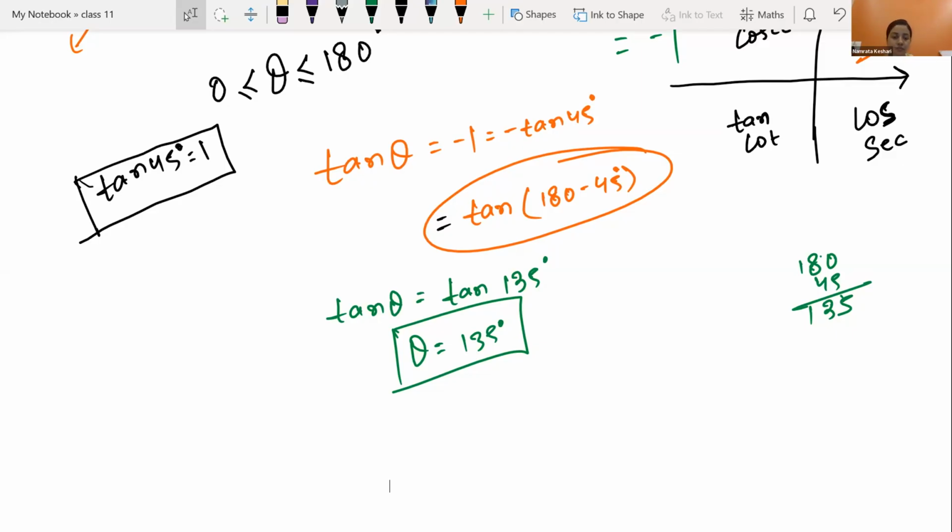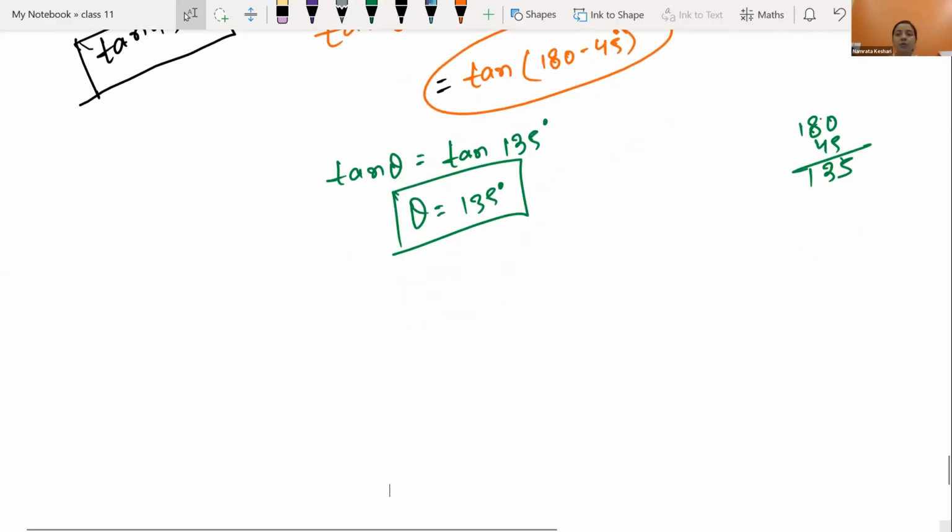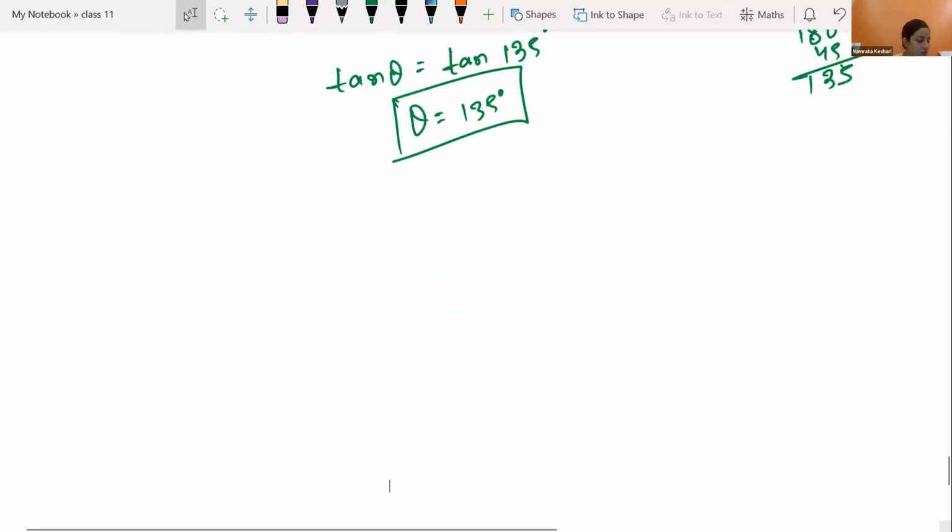Now the third rule. Okay, just a second.